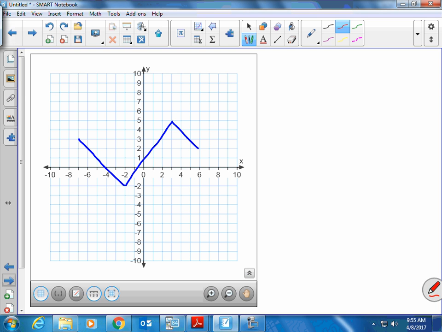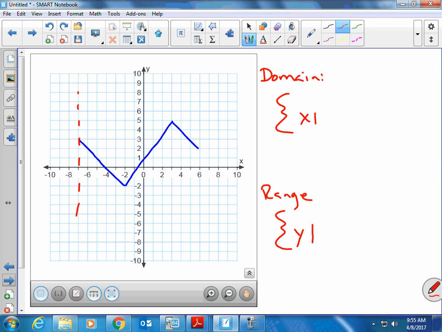Domain and range. Domain, set of all x's such that what? Smallest x value, way over here at -7. And the largest x value, way over here at 6.